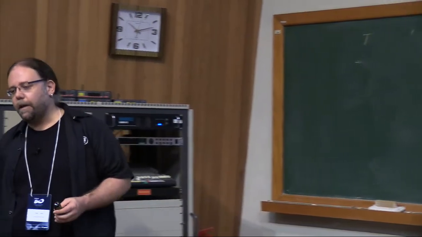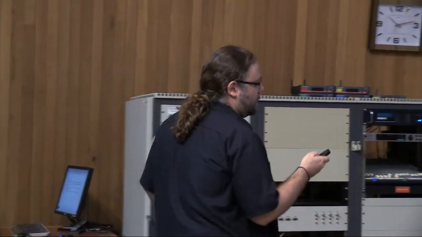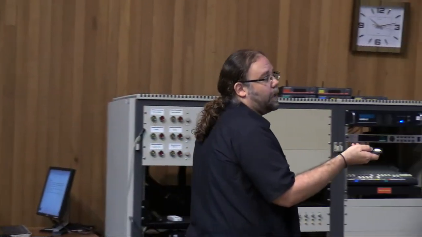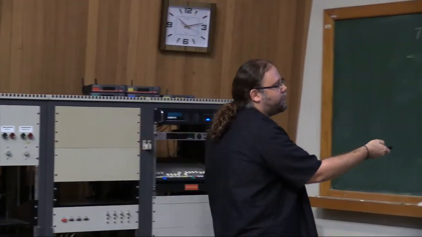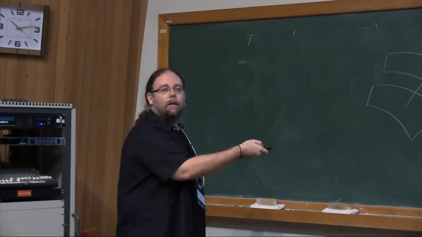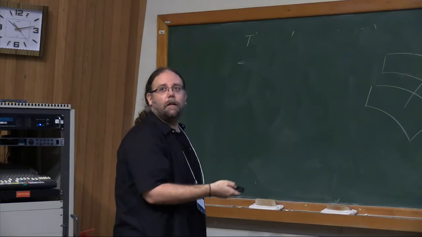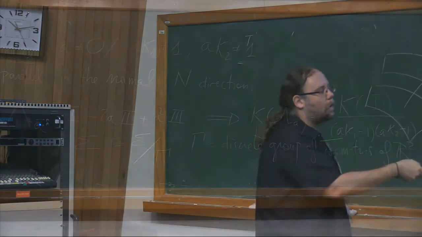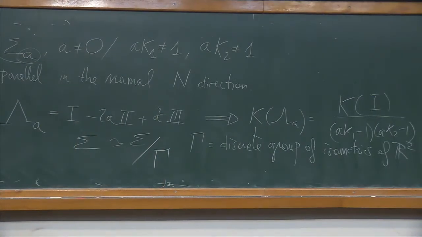Okay, maybe I am talking about the next theorem, sorry. This proof can be done in the abstract. We can define this metric for this surface and make the computations.